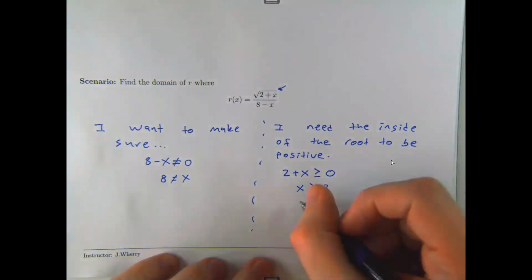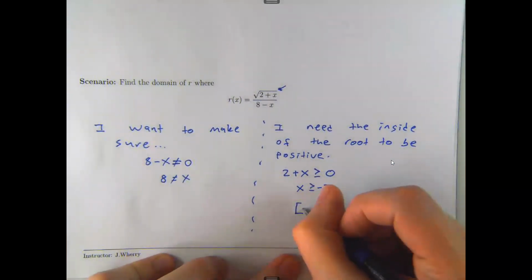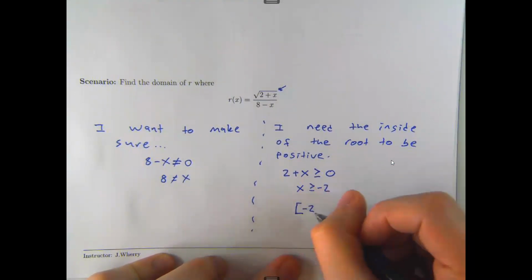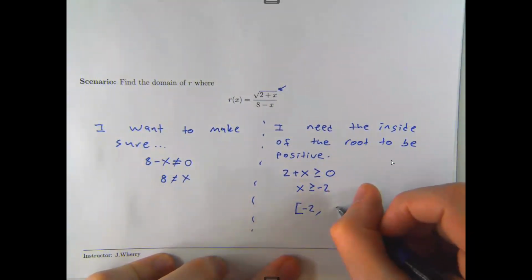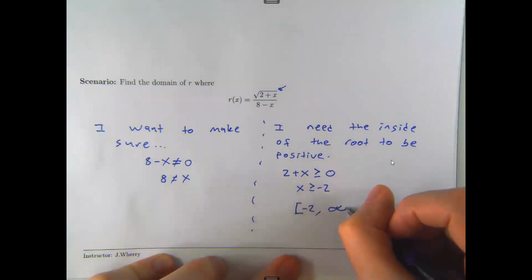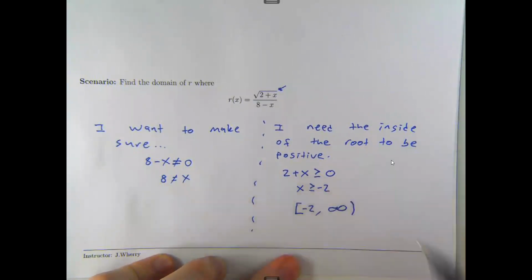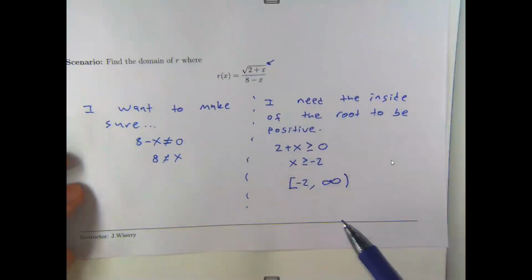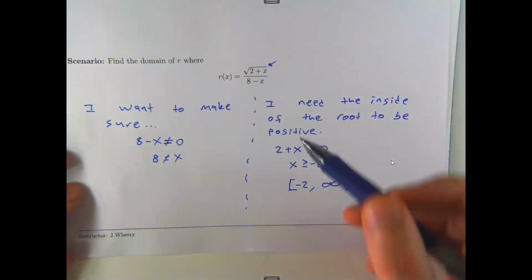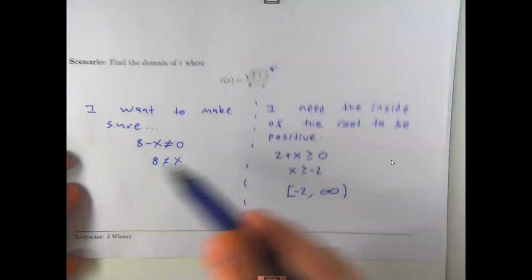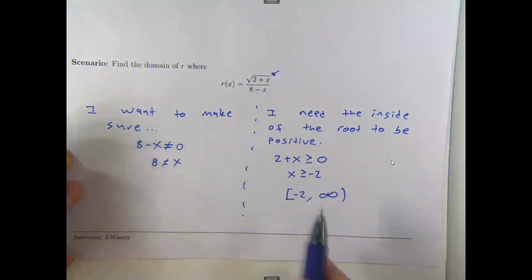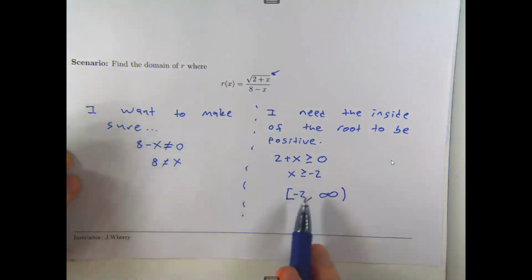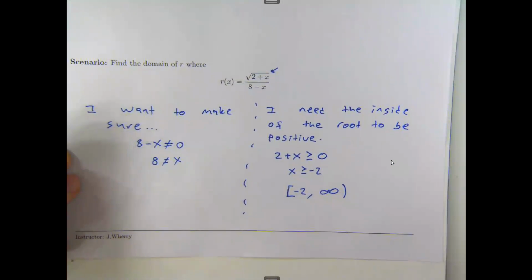Another way to write this is I want every number from negative 2 and including, so with that bracket, up to infinity. Now, I actually have both of these restrictions. So I need to make sure that I don't have the number 8, and I need to make sure that the number is between negative 2 and infinity.